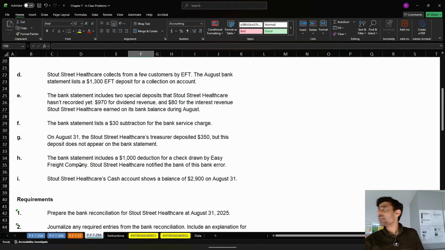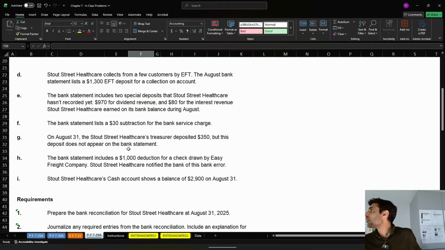The bank statement includes a $1,000 deduction for a check drawn by Easy Freight Company. Okay, so this is something that's included in the bank statement. We are saying that this is an error. So this is a bank error. They took $1,000 out of my account that they shouldn't have. So to correct this, I'm going to have to do a bank side correction, and we're going to have to add that $1,000 back because it was a mistake.